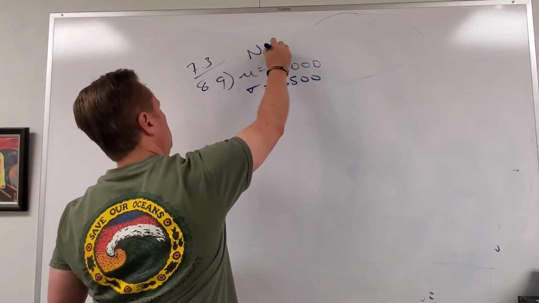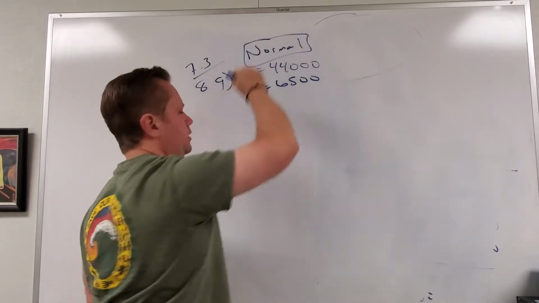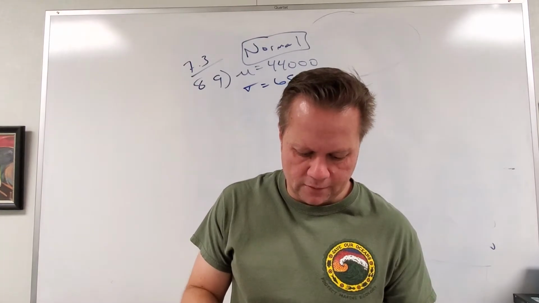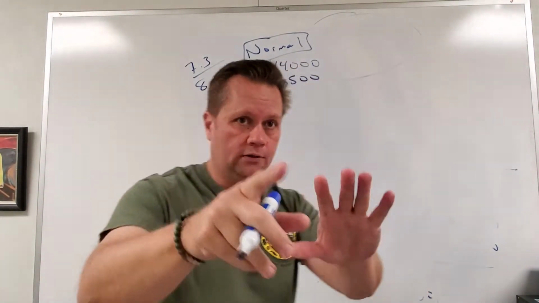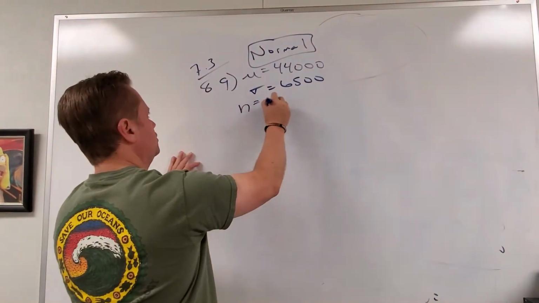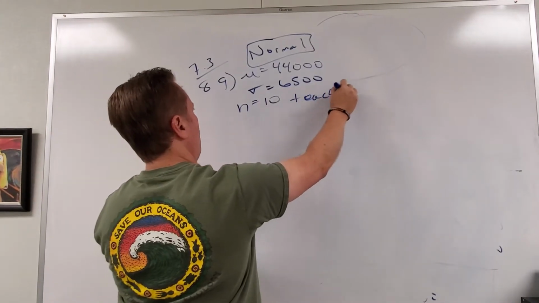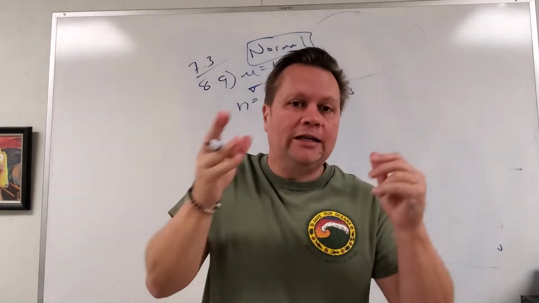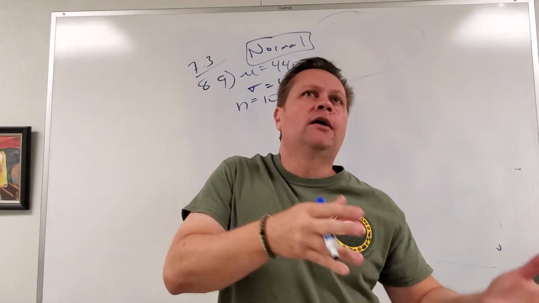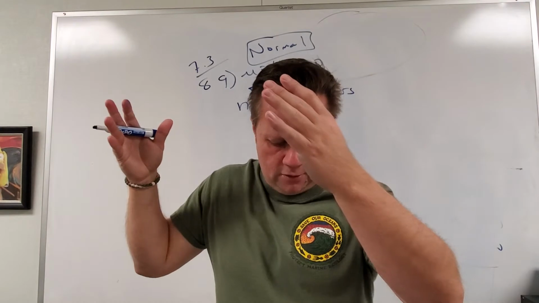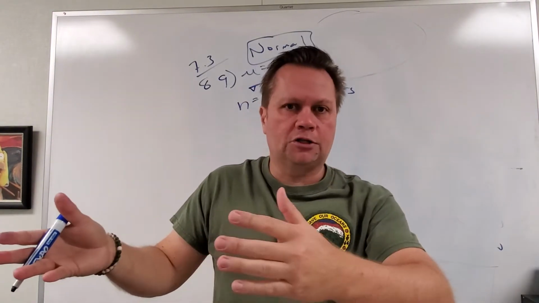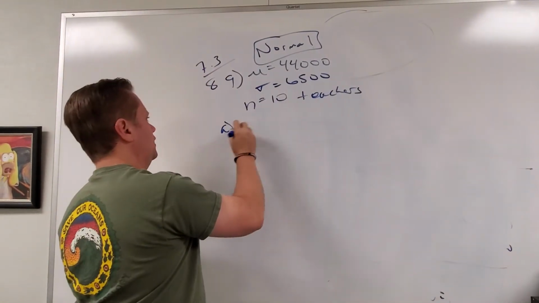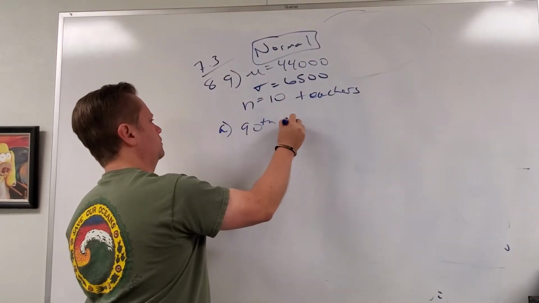We know it's normal. That's key right there. Find the 90th percentile. So we randomly select 10 teachers. That's huge. Find the 90th percentile for an individual teacher's salary, and then find the 90th percentile for the average of 10 teacher salaries.